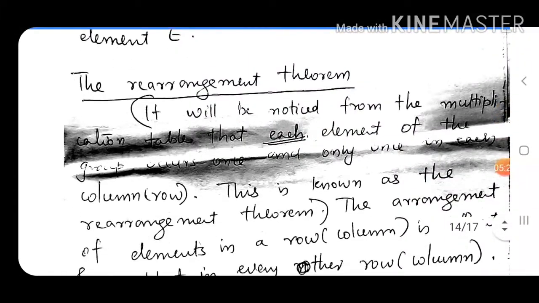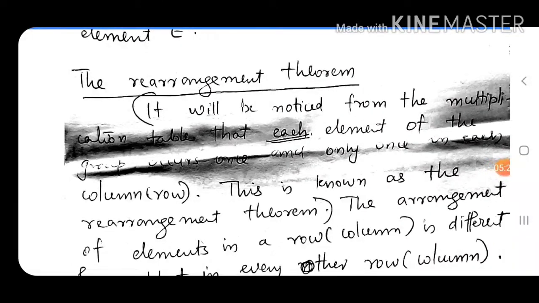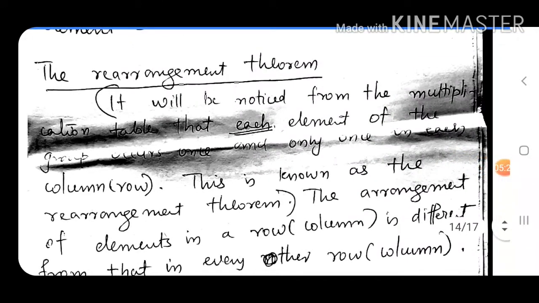Now with regard to the multiplication table, there is an important theorem, the rearrangement theorem, which says that in the multiplication table, each element of the group occurs once and only once in each column or row.